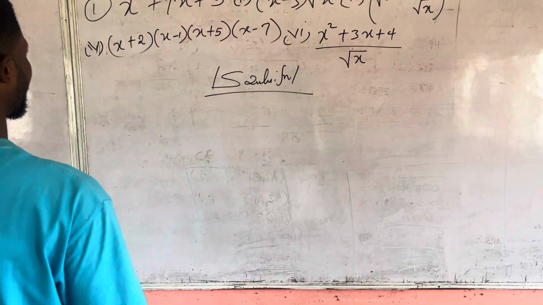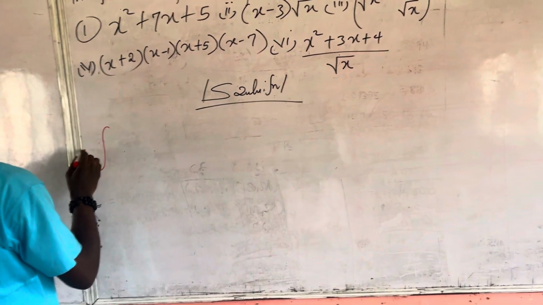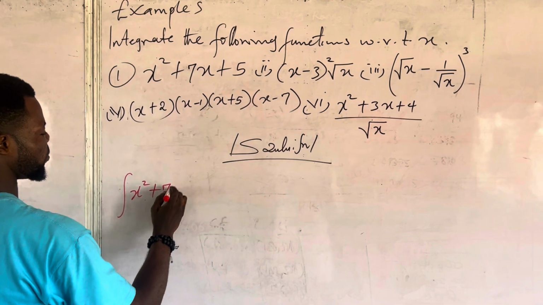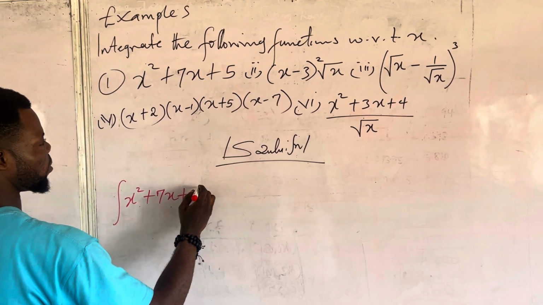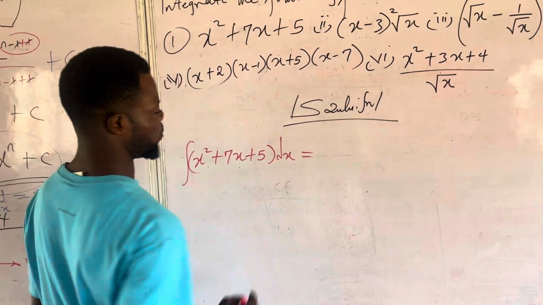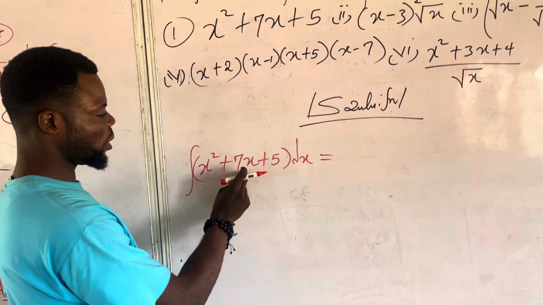So the first one, I will put the integral sign. I can say integral of x squared plus 7x plus 5, all with respect to x. So I'm going to integrate each term here.